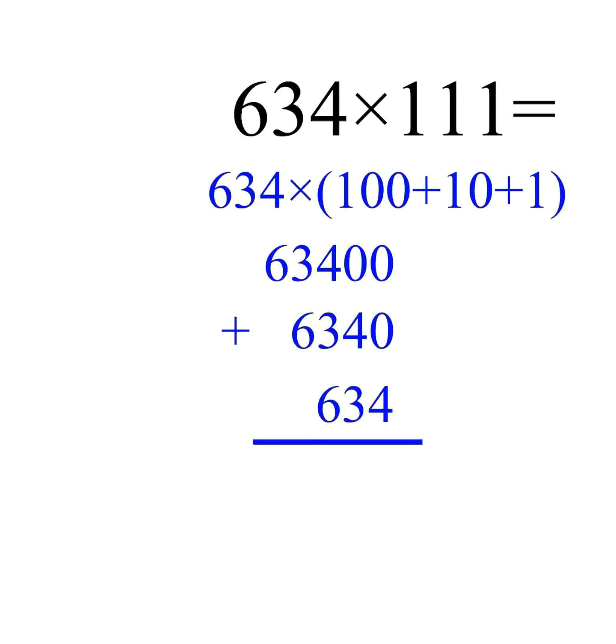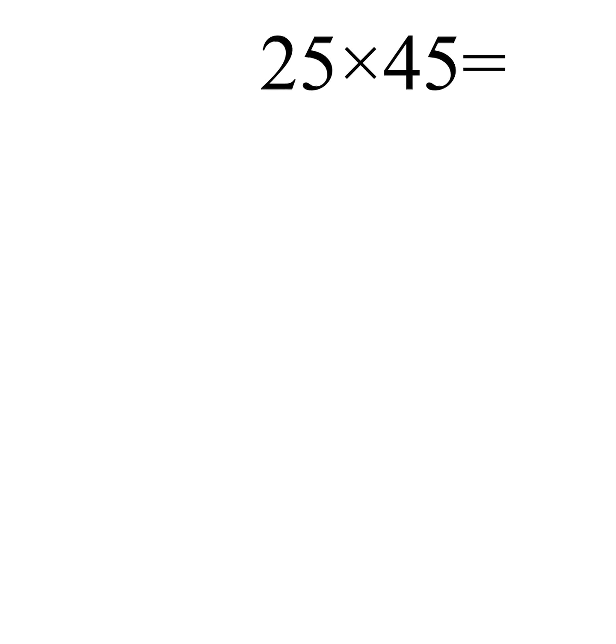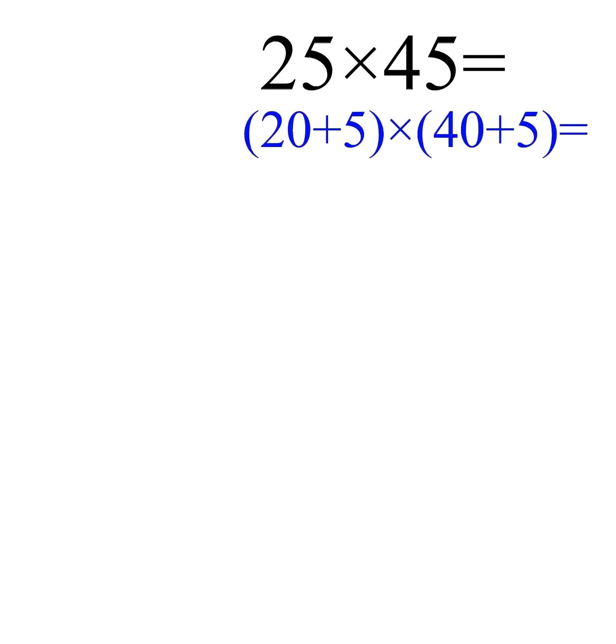Let's go to prove multiplying the numbers ending in 5 into each other. So for instance, here we can write 25 as 20 plus 5 and 45 as 40 plus 5.